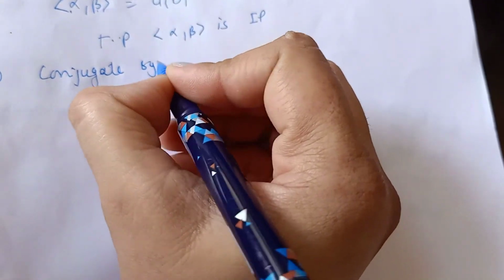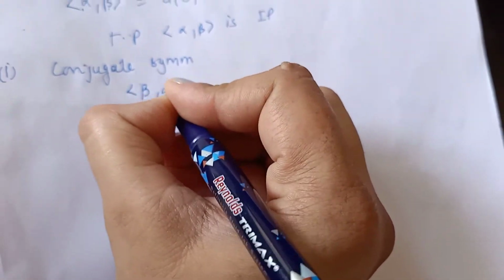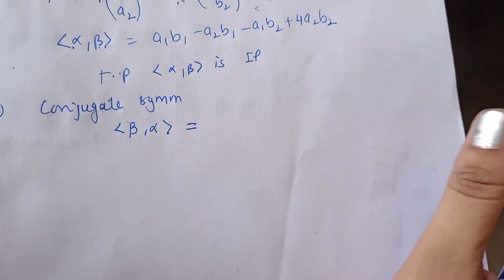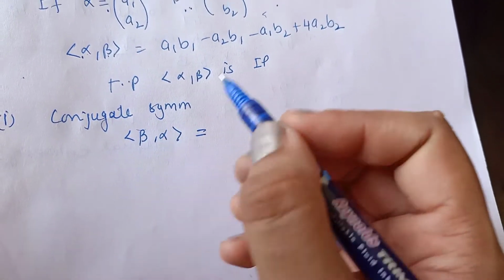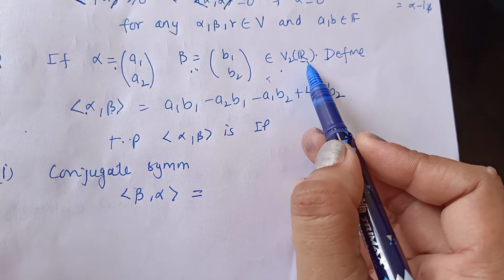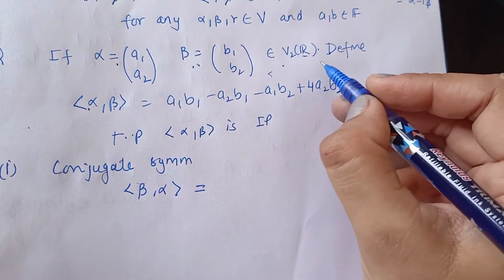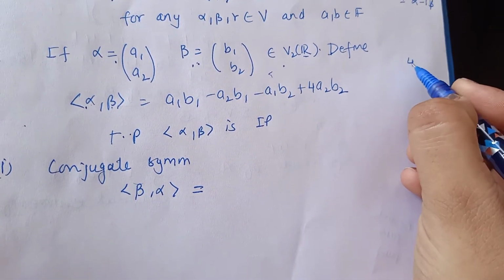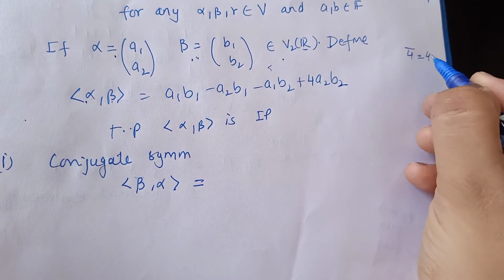To check this property, we will check what the inner product of beta with alpha is. Why have I not taken the conjugate sign here? Because this space is the space of real numbers, and there is no point in saying conjugate here, because the conjugate of a real number, for example 4, is only 4.